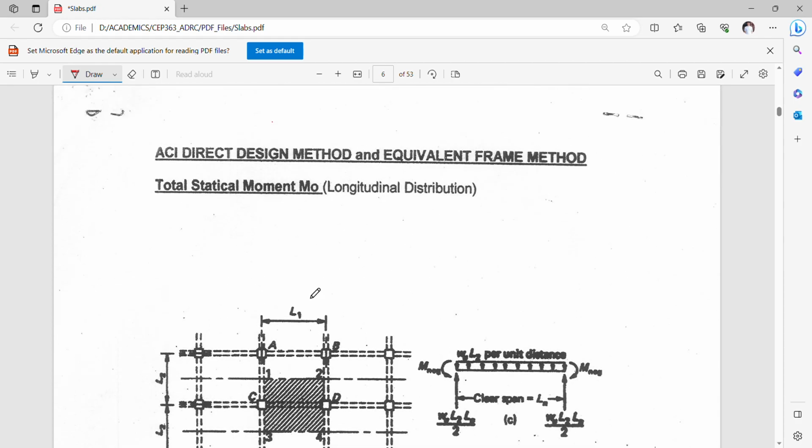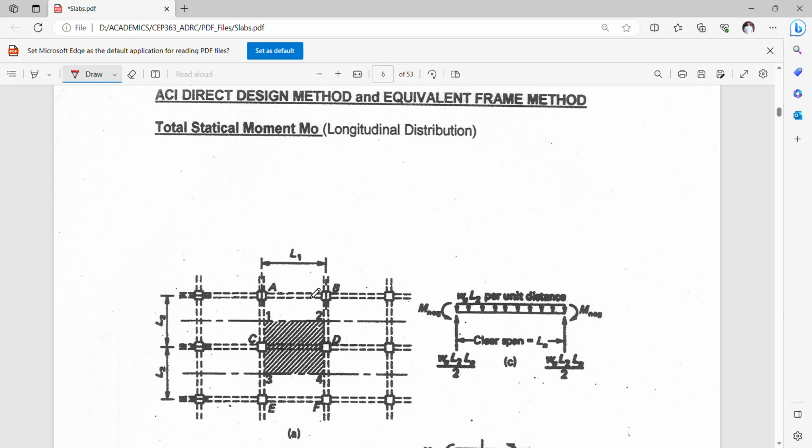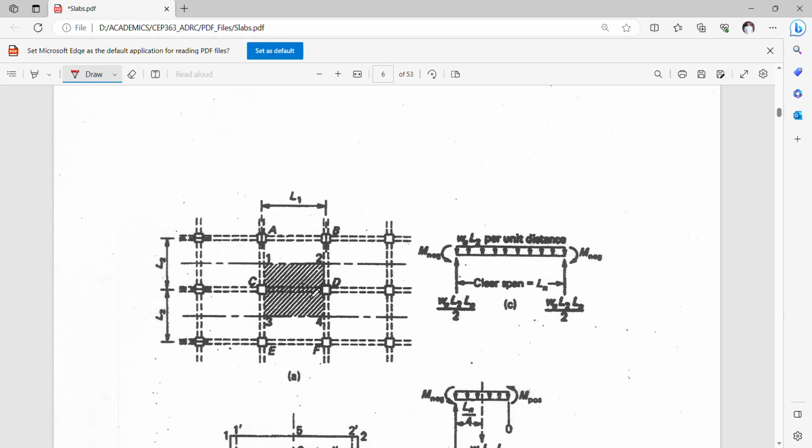So to give you a basic discussion on how these two ACI procedures work, I'd like to first show you how to visualize the system, the frame system that we are talking about in these two methods.